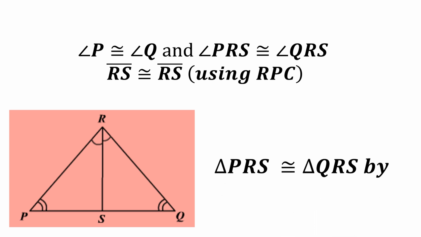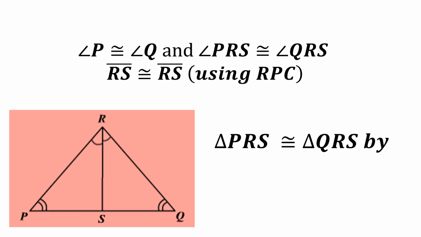Therefore, the two triangles are congruent. So the congruence statement would be triangle PRS is congruent to triangle QRS. By what postulate? Well, we have AAS theorem.